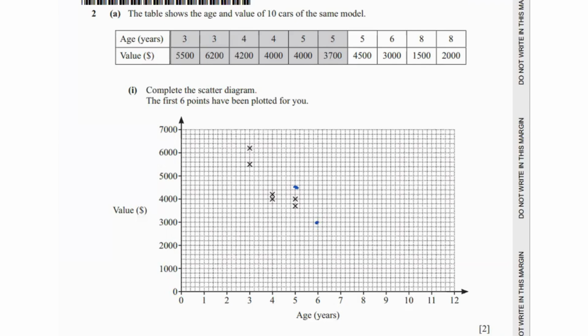That's here. 8 and 1,500. That's here. And 8 and 2,000. These are our remaining points.